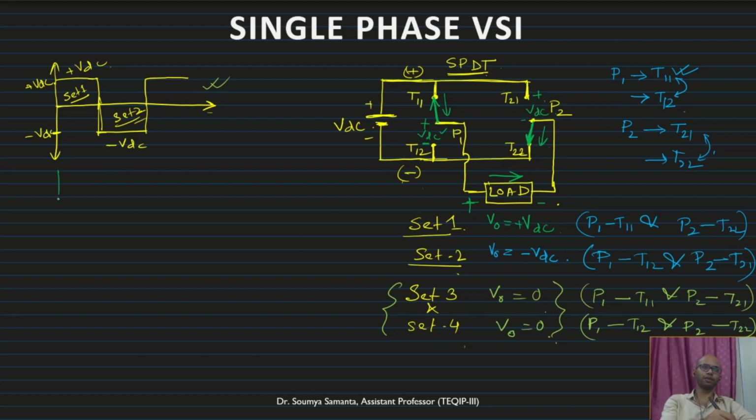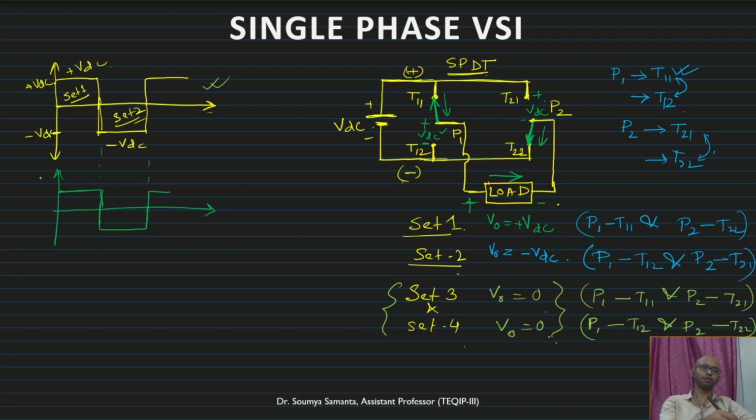If the load is resistive, please understand, if the load is resistive, then what will be the shape of the current? Suppose this one is the shape of the current, that will be the same, in phase. The current will be in phase with the voltage.